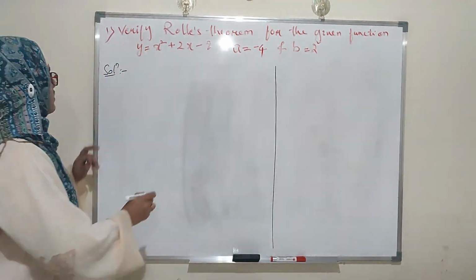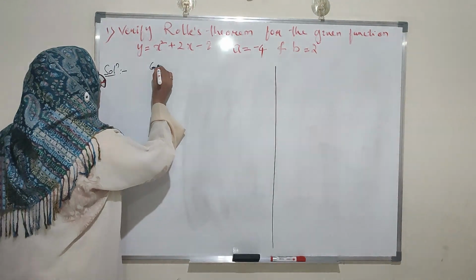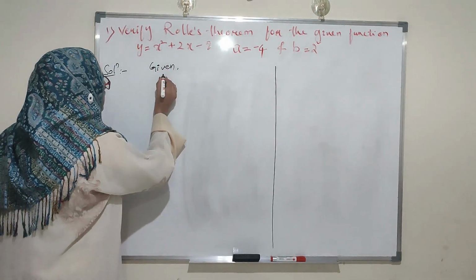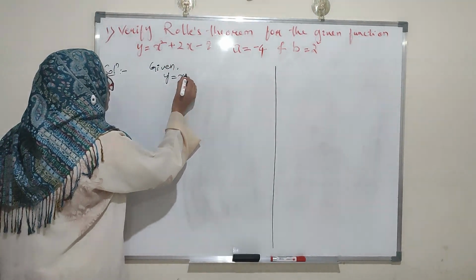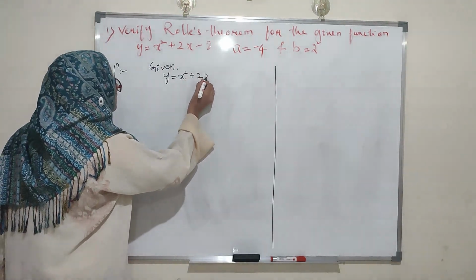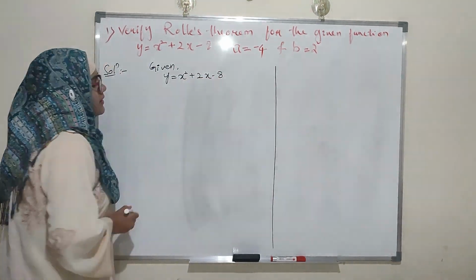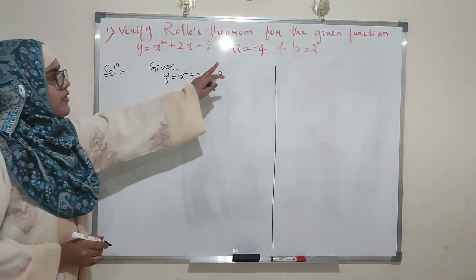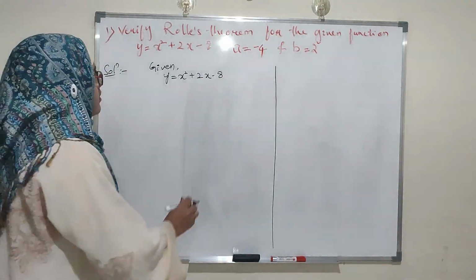Solution. First write the given. What is given to you? y is equal to x square plus 2x minus 8. Now find f of a and f of b.